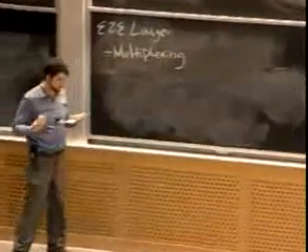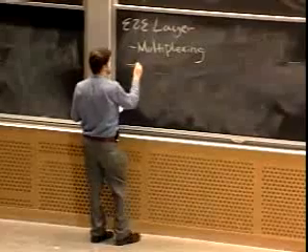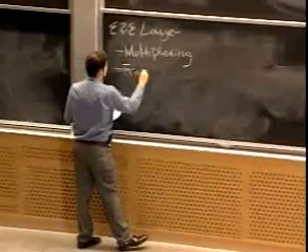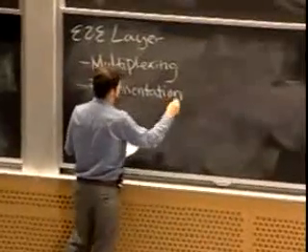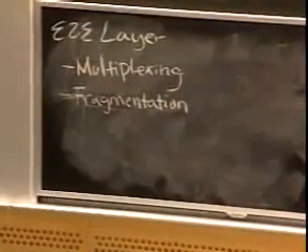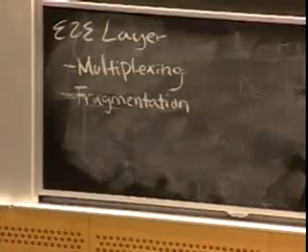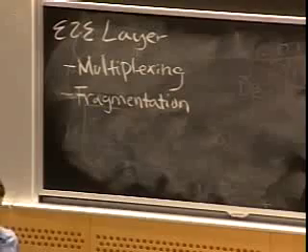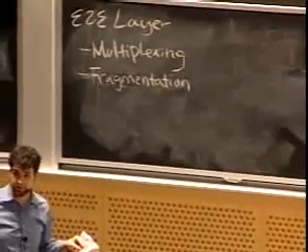The other thing the end-to-end layer provides for us is fragmentation of messages. Fragmentation is about the fact that the link itself may have some maximum size message that it can physically transmit, because, for example, the maximum size message is how long the sender and receiver can remain synchronized with each other.